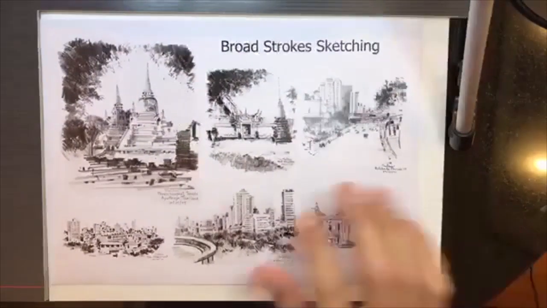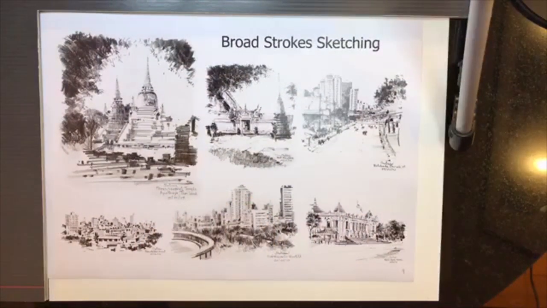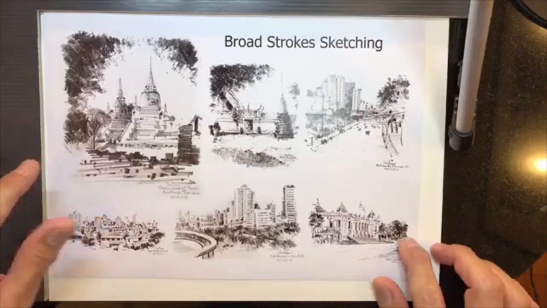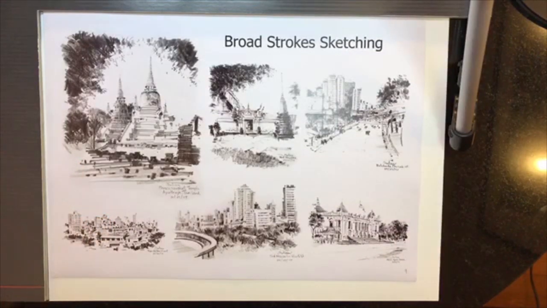The character of the brushstroke sketching. When we see the pencil sketching, this is not the normal pencil. This is the pencil which we sharpen to be a broad line of the lead.